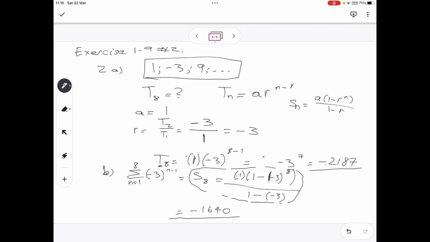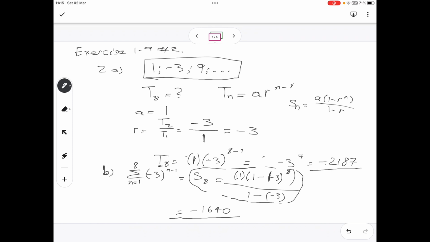So Joy's answer is that in the sequence you start off with the first term as a positive number, and then the second term is a negative number, and the third term is a positive number, and then the fourth term is negative because the constant ratio is -3.